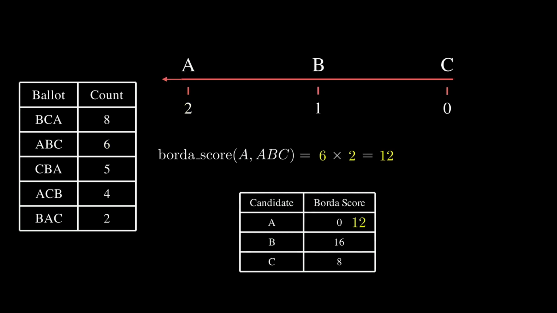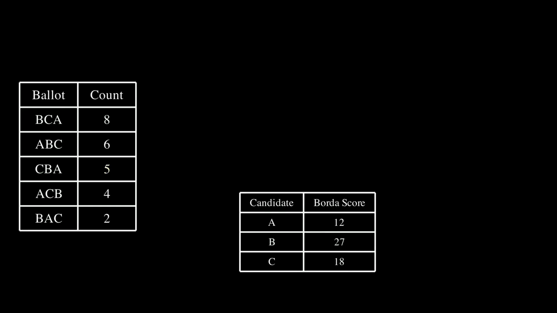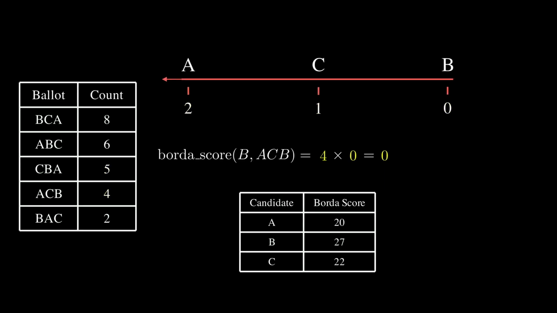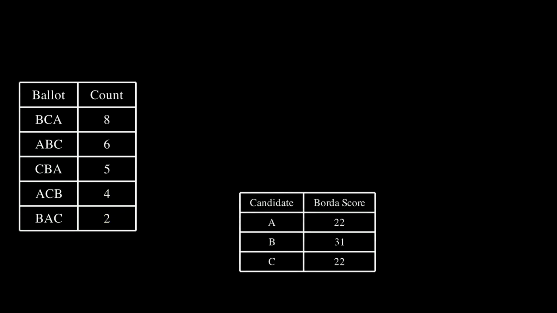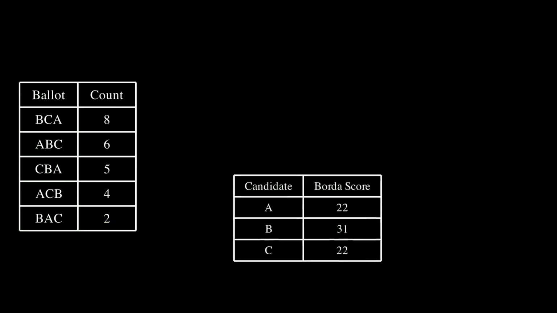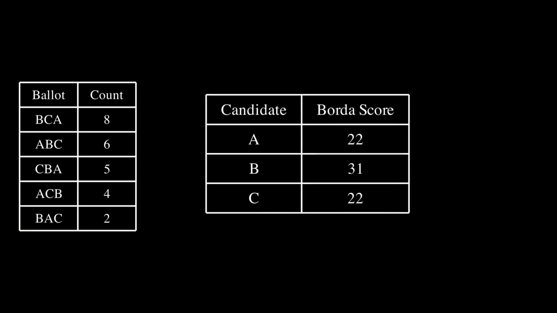We then repeat this entire process for every ballot in the table, adding each candidate's associated score into a running sum. When that's done, we can look at the table and see that Betty has the highest Borda count, making her the winner of this election.